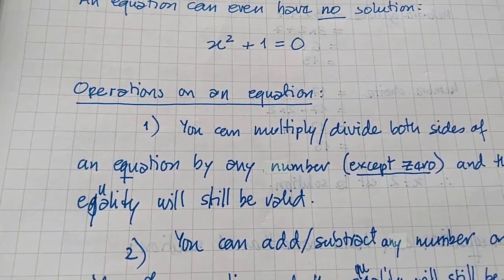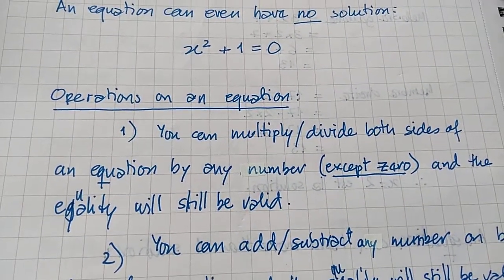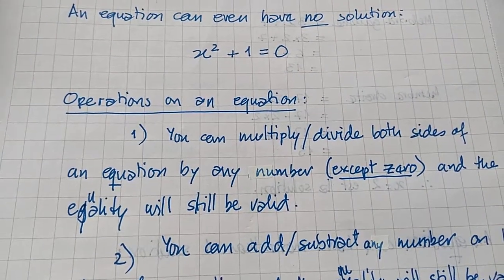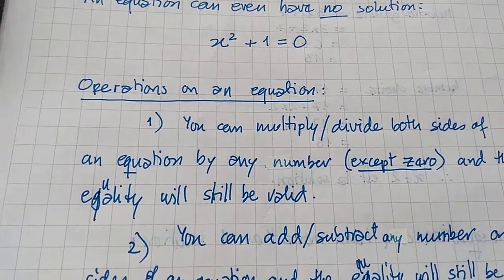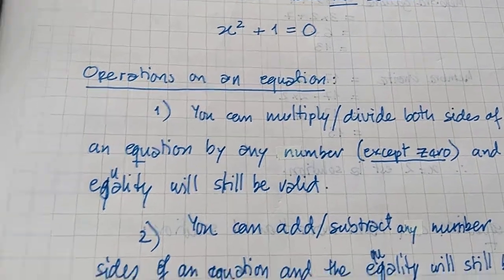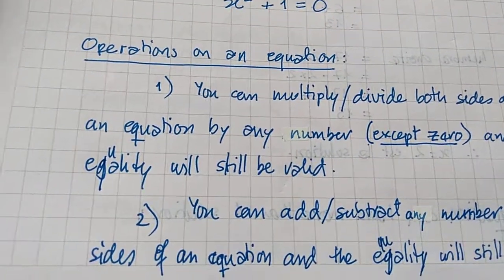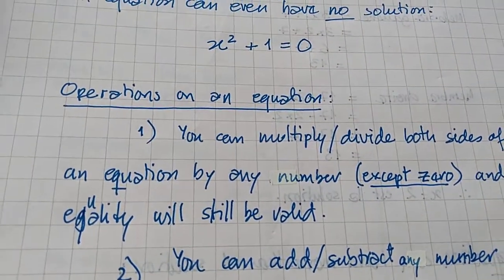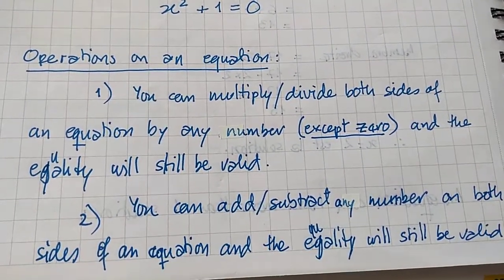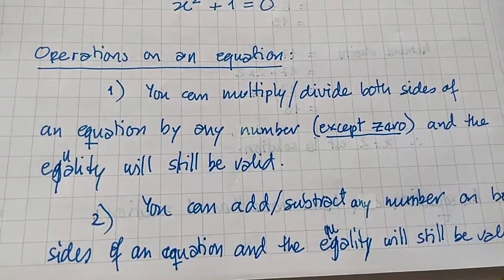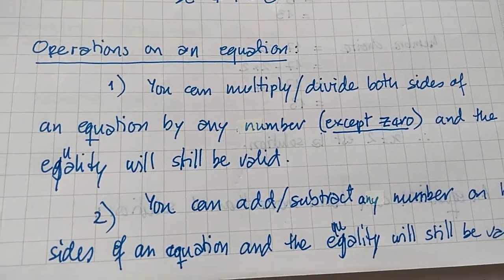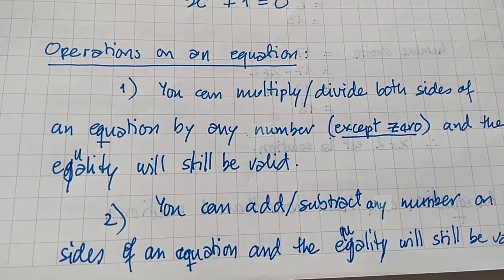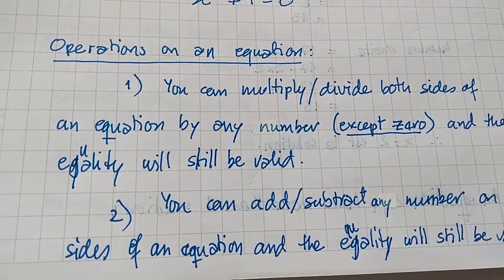Similarly, if you have two people with the same number of oranges, if I take away half the oranges of the first person and I take half the oranges away from the second person, both of them will still have an equal number of oranges between them. So the equality, or the égalité, will still be valid.